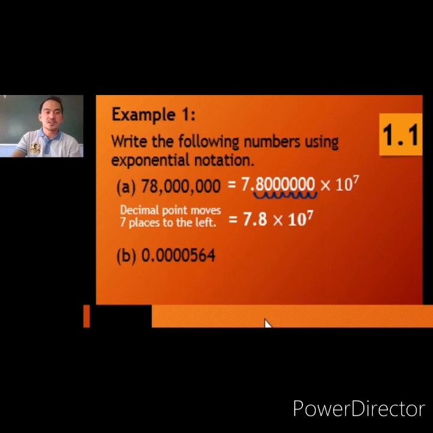Let's start moving it. 1, 2, 3, 4, 5. A decimal point must be placed in between 5 and 6. Somewhere here.